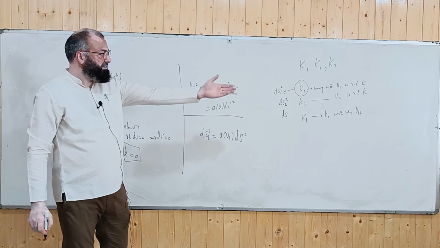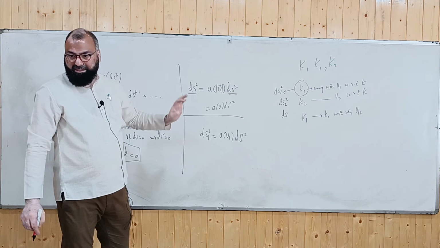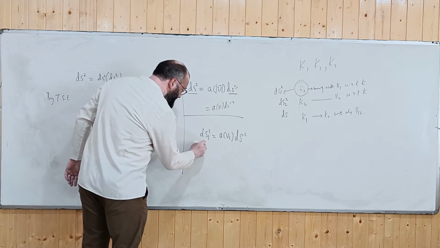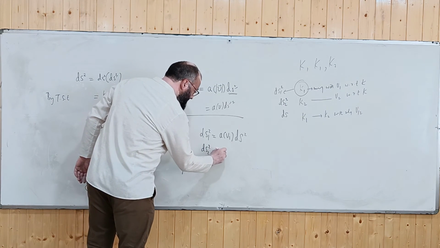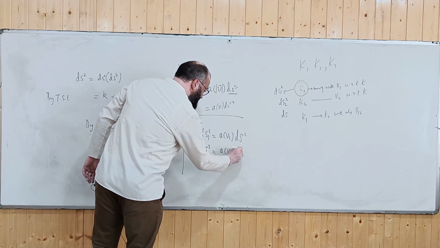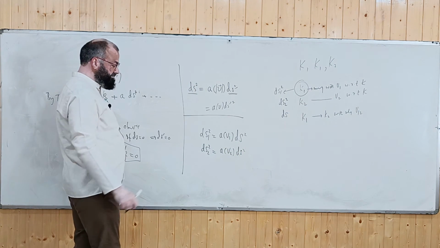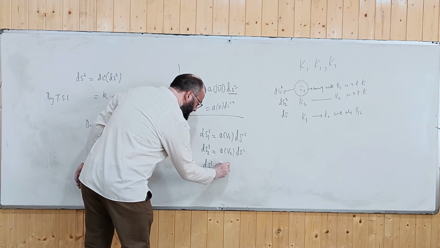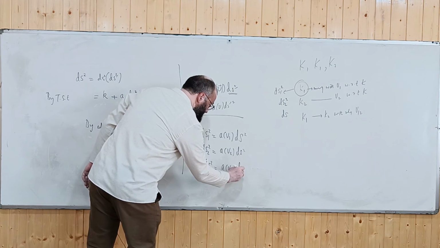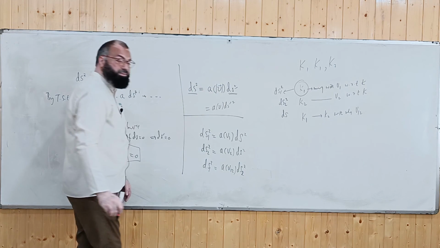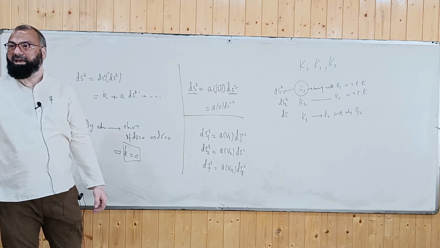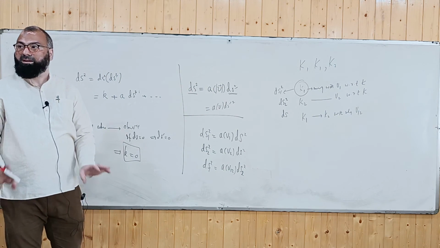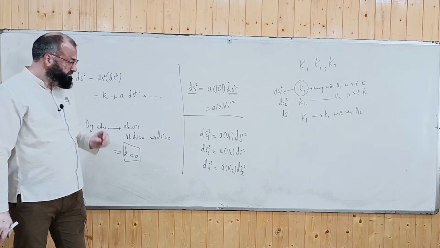Clear? ds is the element for K. Similarly, I can write this ds2 square as A of V2 ds square. Now I can have this ds1 square as A of V12 ds2 square. V12 is the velocity between K1 and K2. Clear? Everybody is following it?